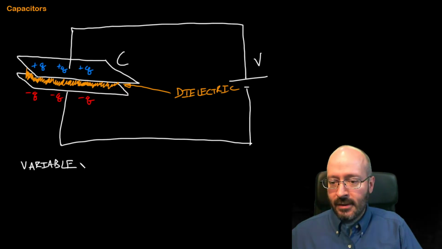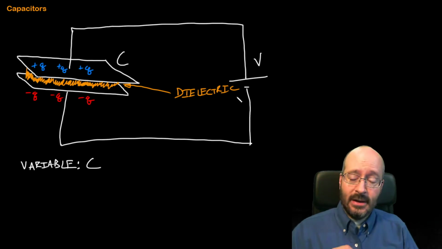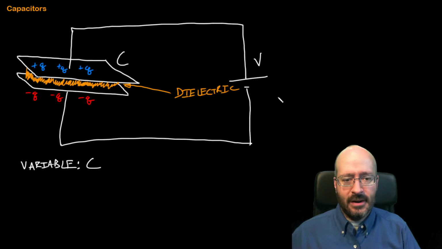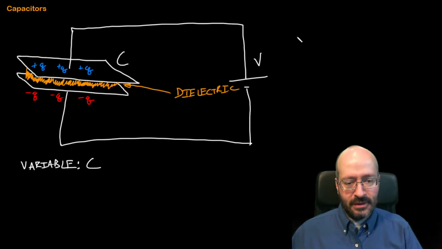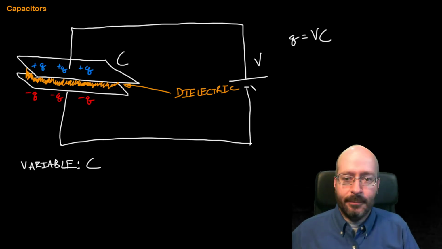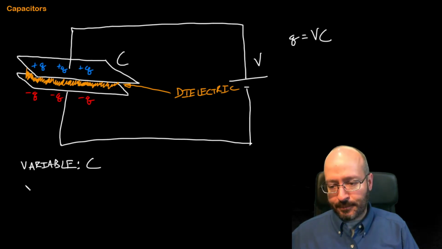That was good times. It's capital C, and we're going to relate the charge on the plates, the voltage across the plates, and the physical capacitance of the individual capacitor using what I think of as the QVC formula, because it's Q equals VC. It's that simple. So the charge on the plates is equal to the voltage times the capacitance.